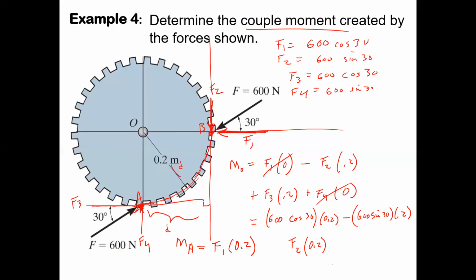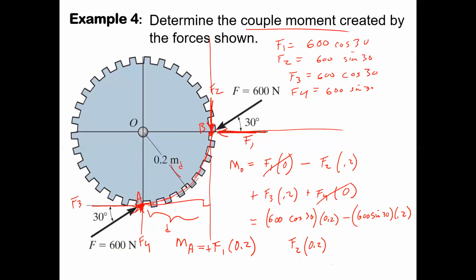Okay, Emmanuel, the F1 times 0.2, is that a positive or negative moment? The moment of F1 about point A, should that be considered positive or negative? Yeah, because it's going to make a water wheel at A spin clockwise, right? So we're going to put a plus sign in front of that.